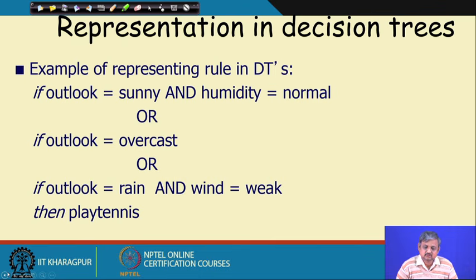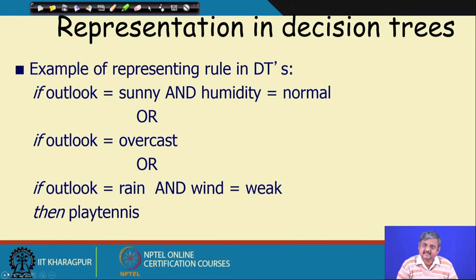Just look at the nature of the rule. See if you have any pattern or not. If you have seen carefully, you will see that in each of these if statements I have some and, and between these if statements I have some or.